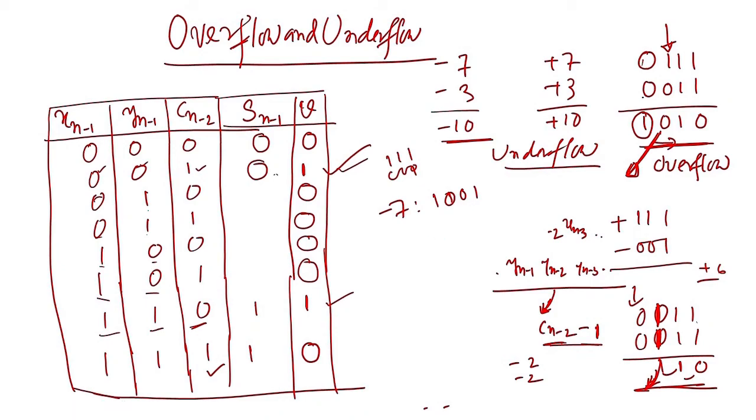Now, you add minus 7 with plus 4, and plus 4 is 0 1 0 0. Now you add it. So, that means if there is no carry out bit, then the sign bit will be minus.